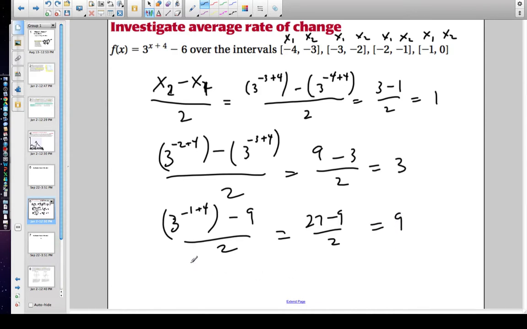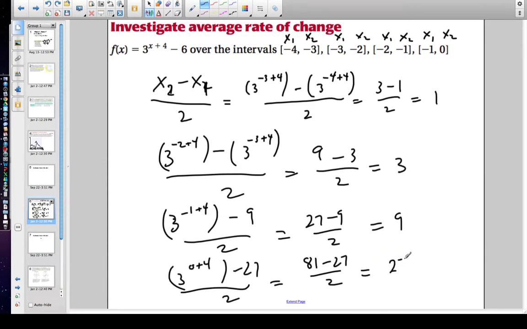And my final one will be 3 to the 0 plus 4 minus 27, all divided by 2. So 3 to the 4th power is 81. 81 minus 27 divided by 2. So that's going to be 54 divided by 2, which would be 27.